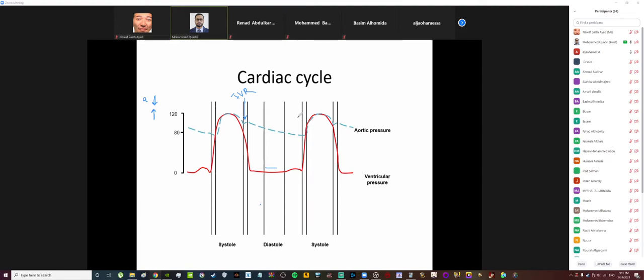So the question cannot be asked about the cardiac cycle like this way. I may ask, during the isovolumetric contraction phase, what is the condition of valves? AV valve close, AV valve open, semilunar valve close, semilunar valve open? Or I may ask at the beginning of isovolumetric contraction phase, or at the end of isovolumetric contraction phase.